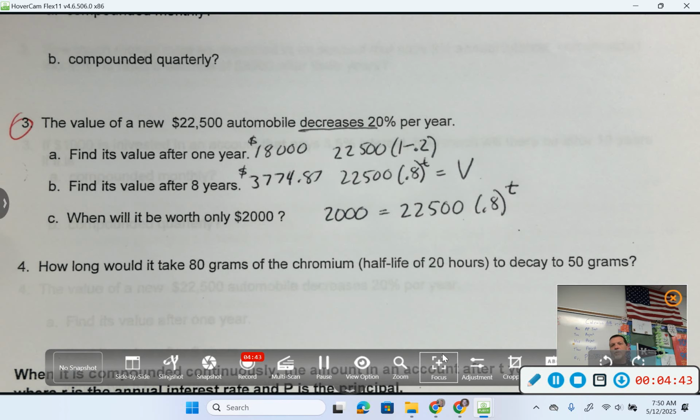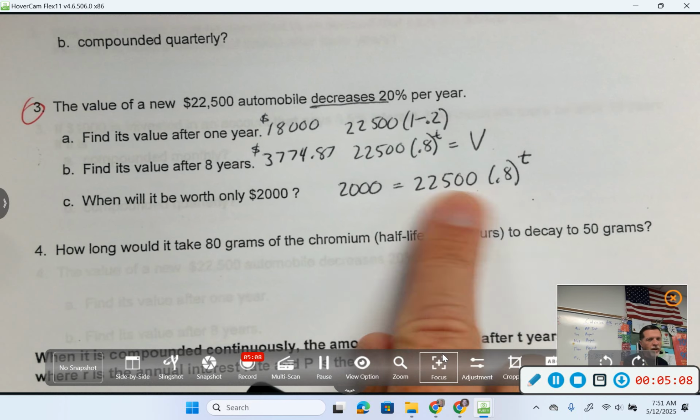Okay, here's the real reason we worked this problem, or I picked this problem, because I got to solve for t. What do you think we should do first? I don't want a natural log yet. I will need to do that eventually to get that t out of the exponent. Move the 22.5 over.